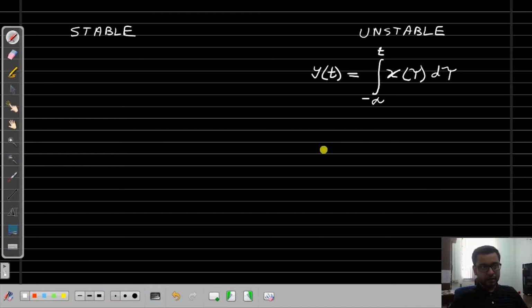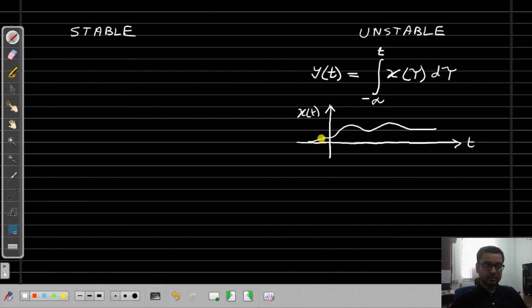If I draw the input x of t as a function of time, varying like this, then this integration from minus infinity to t of x of tau d tau is the same as the area under this curve starting from minus infinity up to some time, call it t.